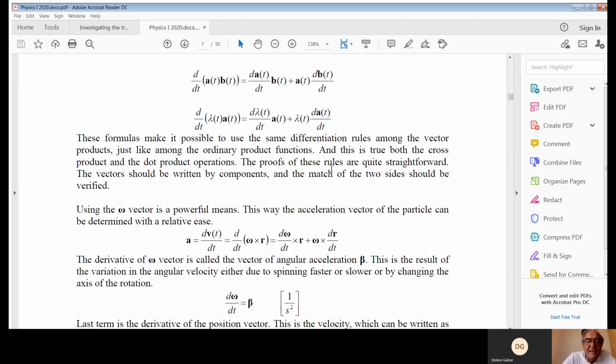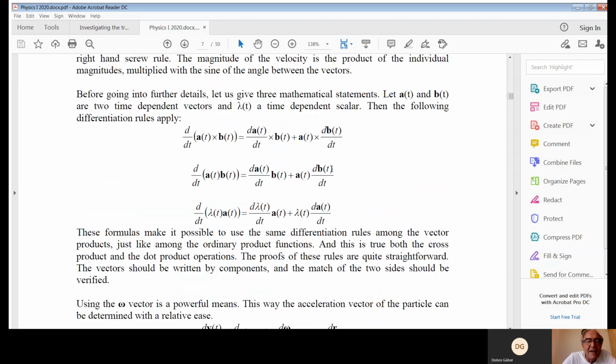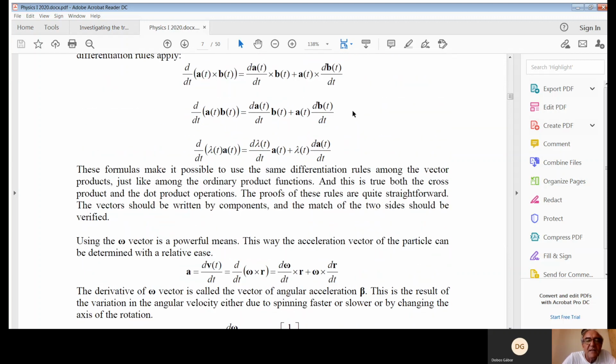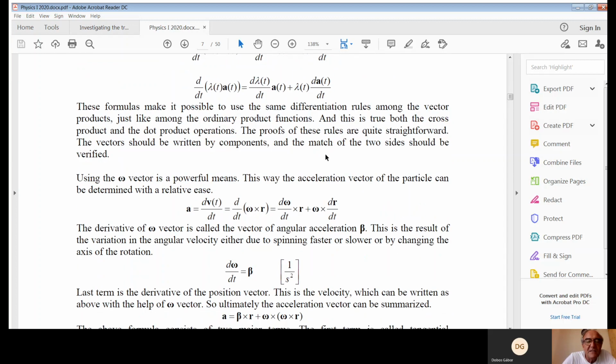We now don't make these proofs, but I felt obligated to at least declare these, because in some lectures they consider it obvious and they don't even mention it. And after that, they are using these rules, and they pretend it was obvious. But this at least should be clearly stated, that this is in fact good and is working.